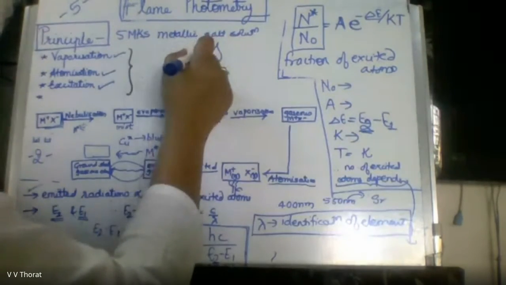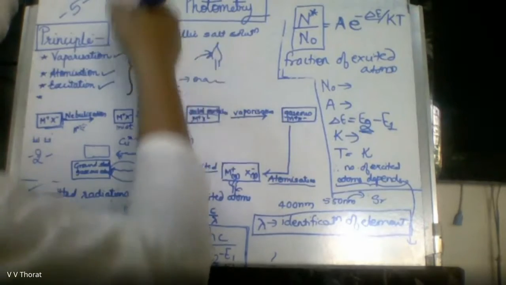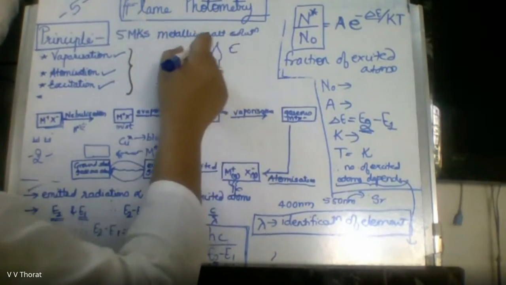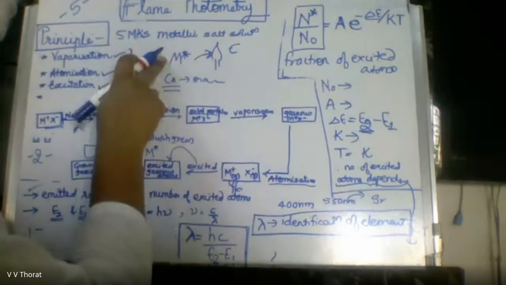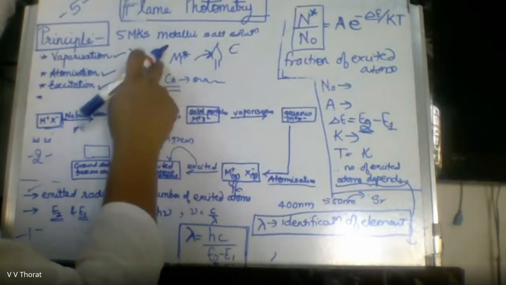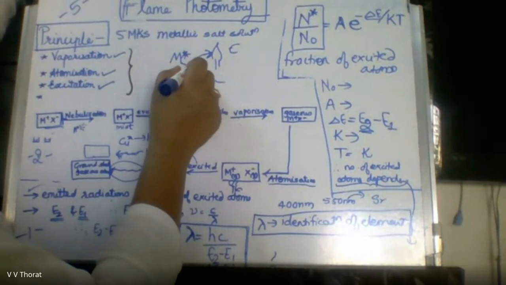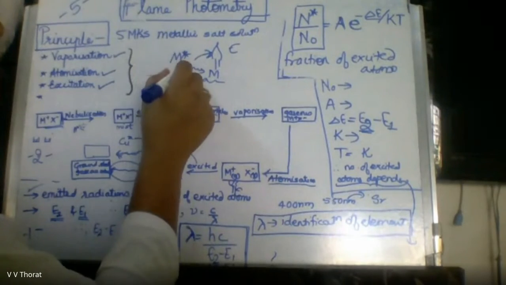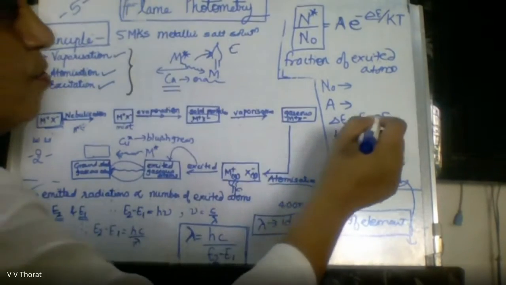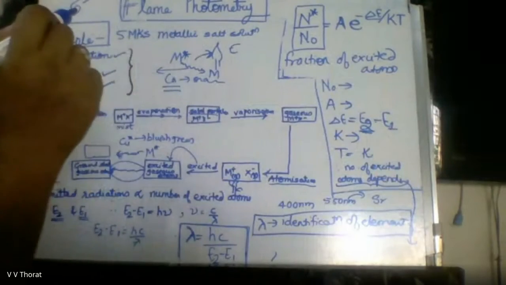See, when atoms are put in the flame, their energy increases. Once the energy increases, they go into the excited state, and these excited state atoms are short lived and they come back to the original state by emitting radiation. So the energy of emitted radiation is E2 minus E1.